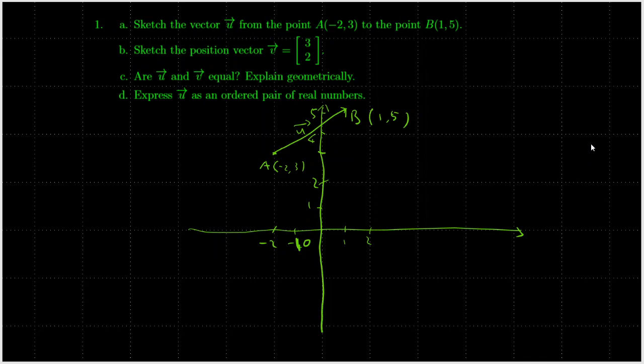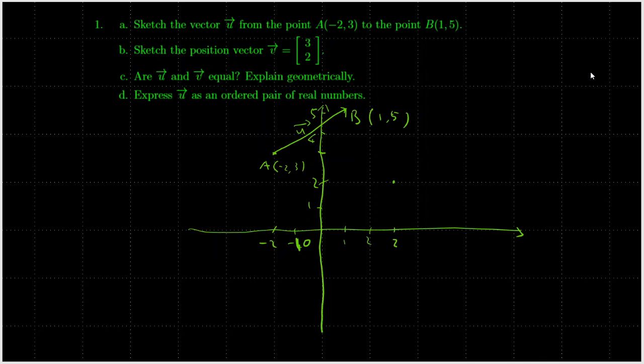And then in question B, I want you to sketch the position vector v. I give you the 2 components. v has 2 components, (3, 2). Now let's say 3 is here, 2 is here, right? We're trying to sketch the position vector.